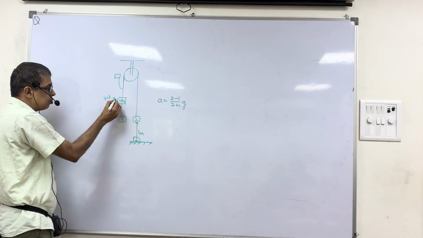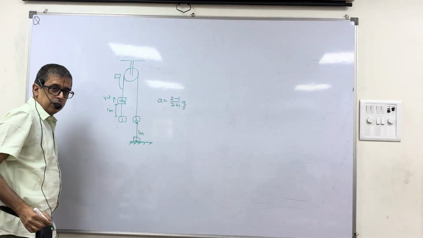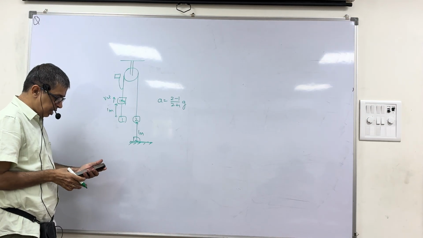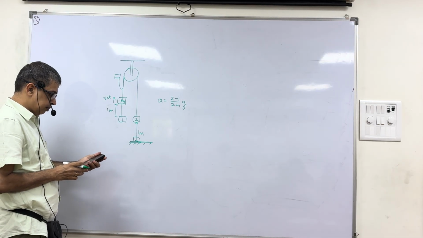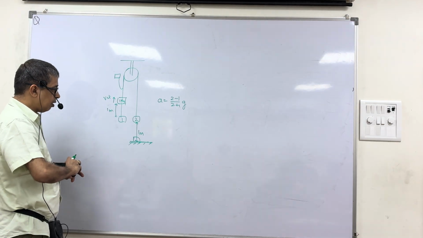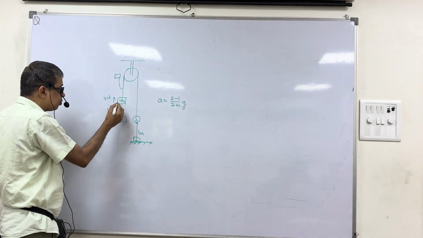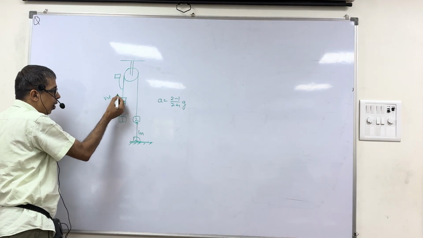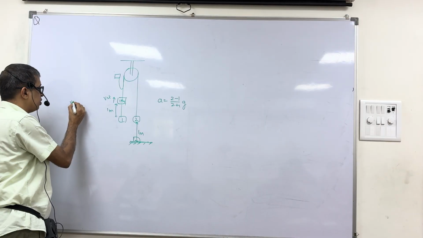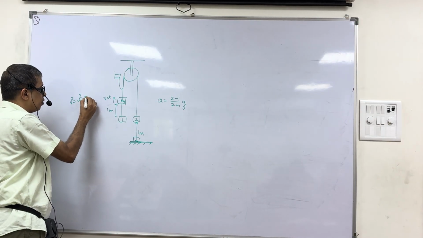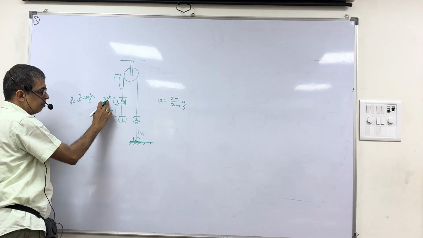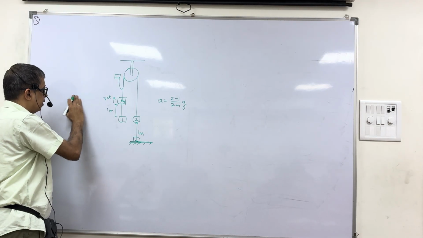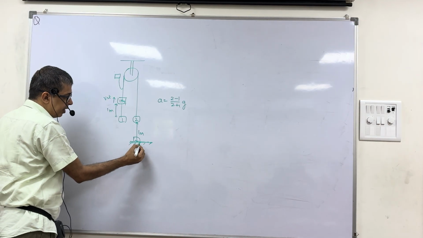If you can tell me this velocity, how will you find that velocity? V square is equal to u square minus 2gh. Right? It is going down.